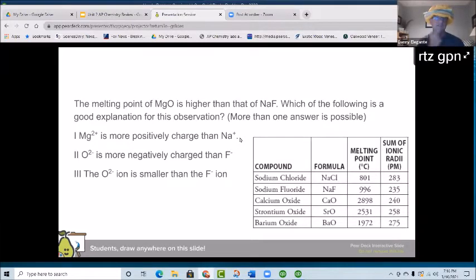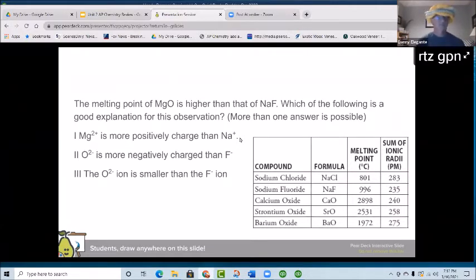And then the last one. Does that make sense? The O2- ion, F- ion. Well, if the O2- ion is smaller, then that would give it a greater melting point, because a smaller radius in the bottom of the mathematical expression means you get a greater force of attraction. So is it true that O2- is smaller than F-?